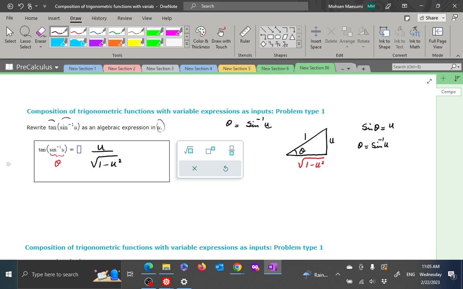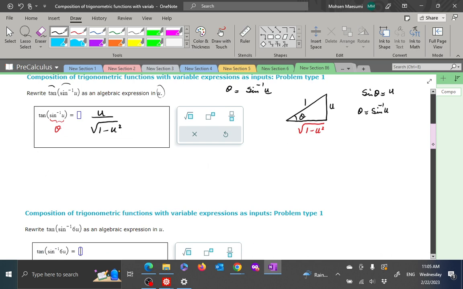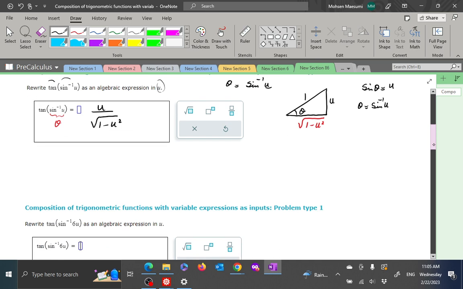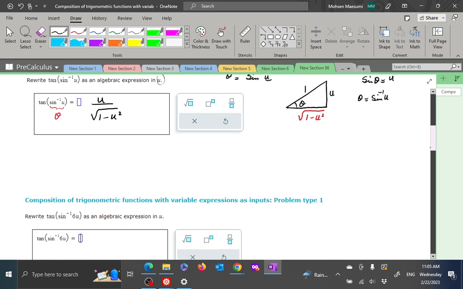Now, if instead of u we had some other, more complicated expression, we just use what we have developed in this case. For example, here instead of u we have 6u, otherwise all the same. So I do a substitution. Wherever there is a u, I just put 6u.